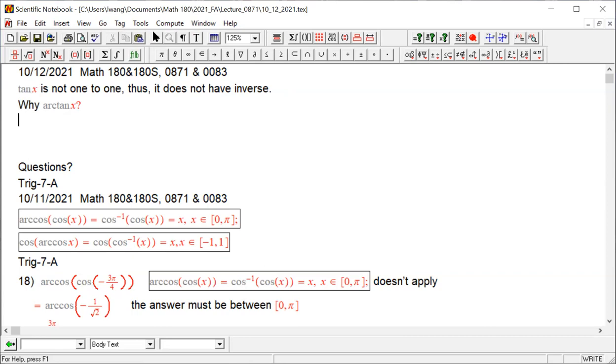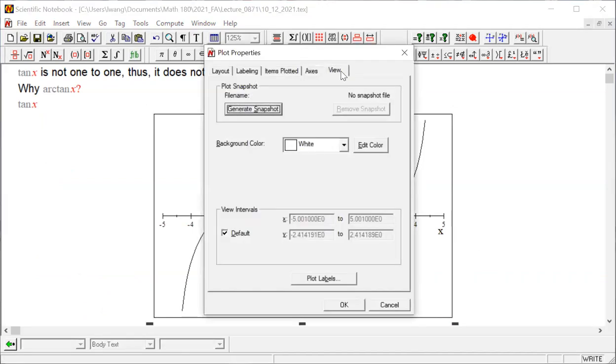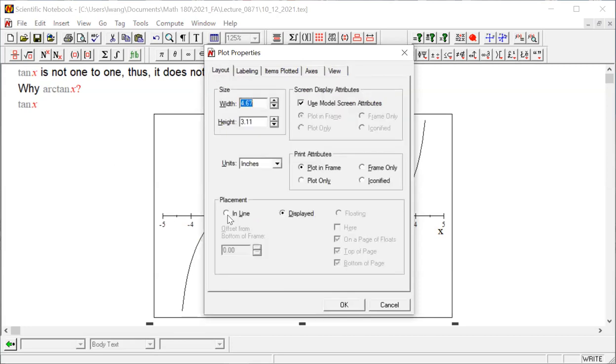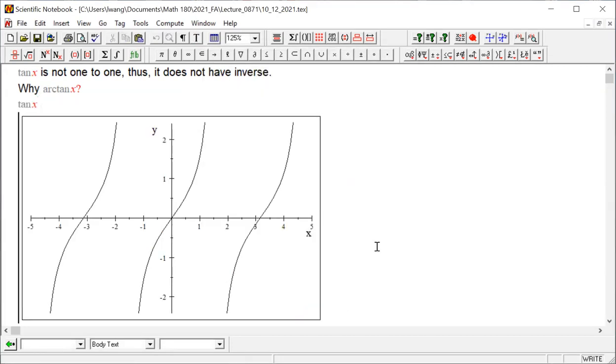Domain and range. So let's review: what's the domain and range for tangent? How do you figure it out?